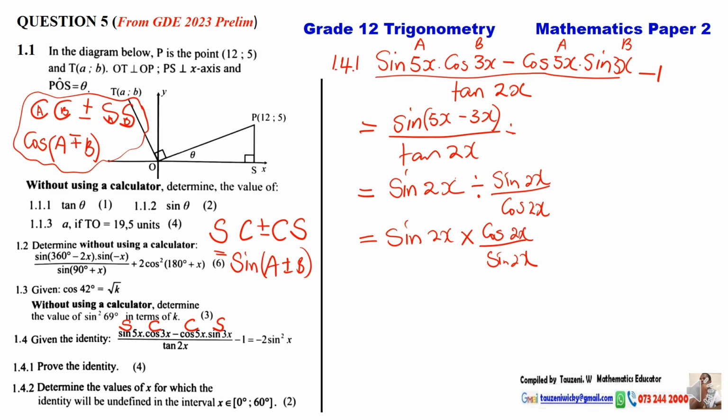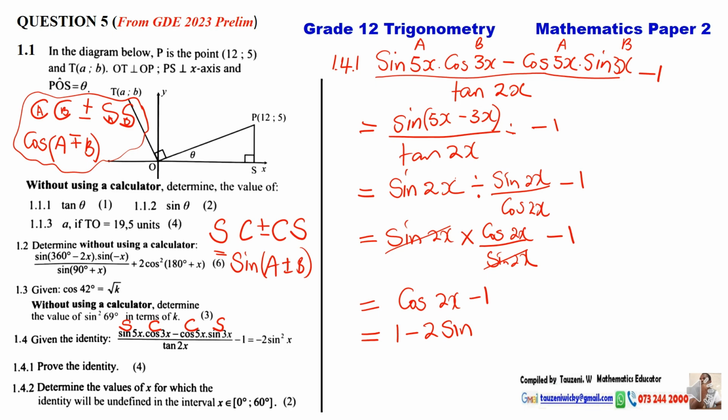So my expression, the last term is minus 1. So there is minus 1 in each part here that I almost forgot. Then I carry on to simplify. The sine 2x is going to divide that sine 2x, and that will give me the cosine of 2x minus 1. To make my identity look the same as given, I have to change the cosine 2x using double angle identities.